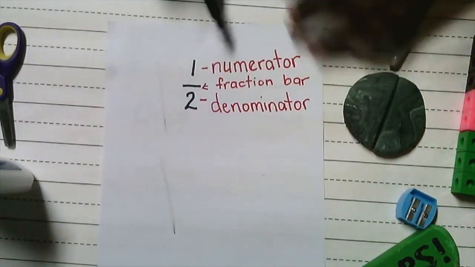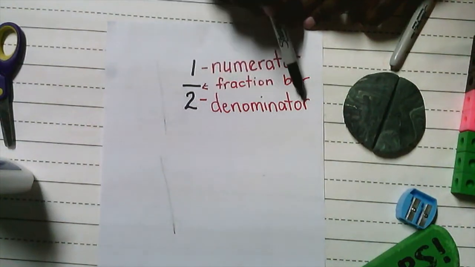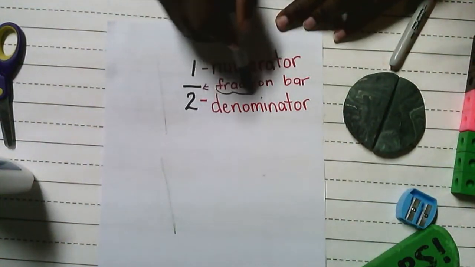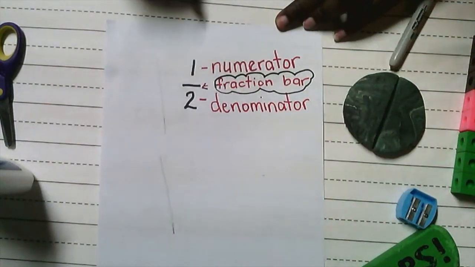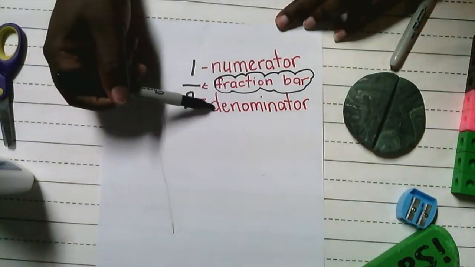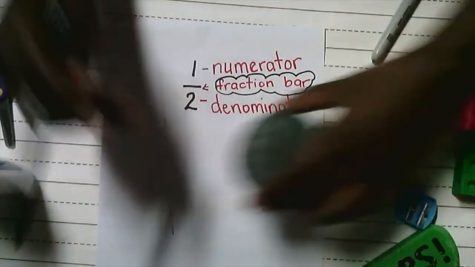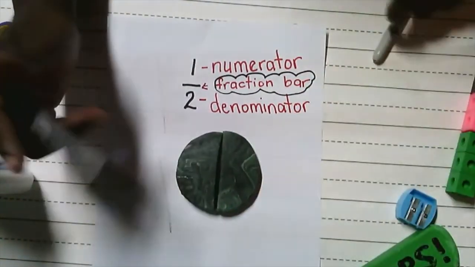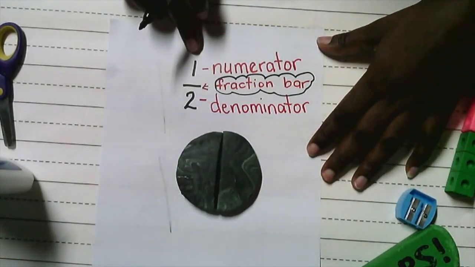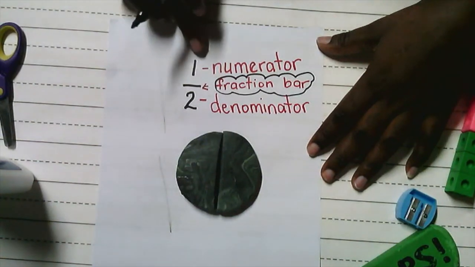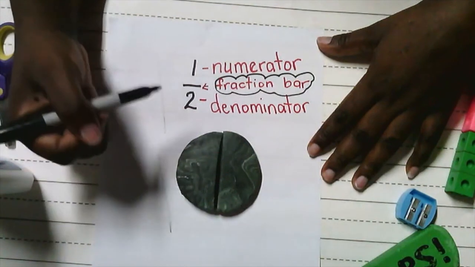So at the top we have the numerator, at the bottom the denominator, and then the fraction bar is the line that separates them. So your denominator tells you how many pieces there are in all. There were 2 pieces in all. And then your numerator will tell you about the pieces that are shaded or the piece that the problem speaks to. For instance, which fraction did Lene give to Kalika?